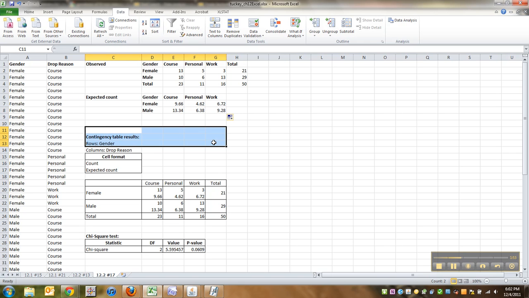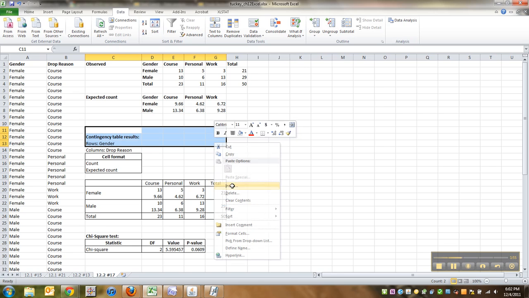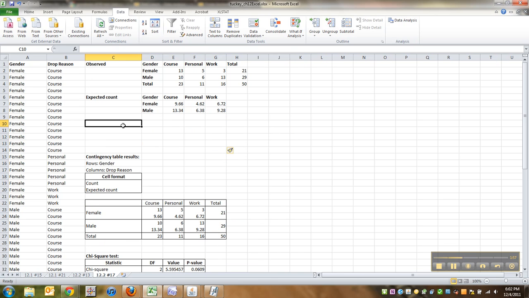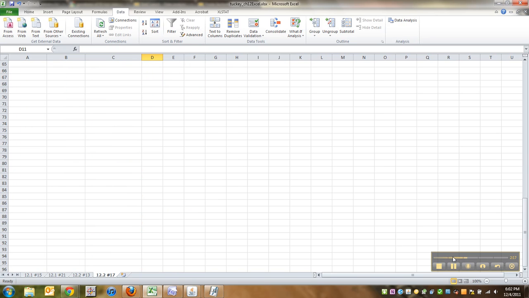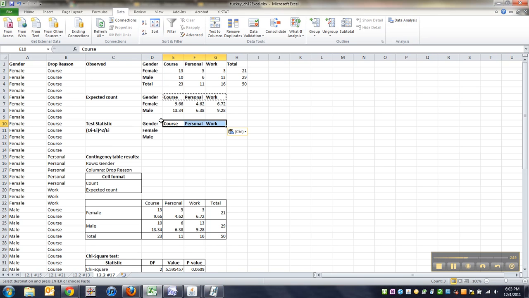Now for the contingency table, I'm going to pop all this down just a little bit further. And I'm going to find the test statistic. Not all of it, but I know that I'm going to need parts of it. So I want observed minus expected squared divided by expected. All right, so let me do that. Hold on one second. Okay, there, my table's prettier now.